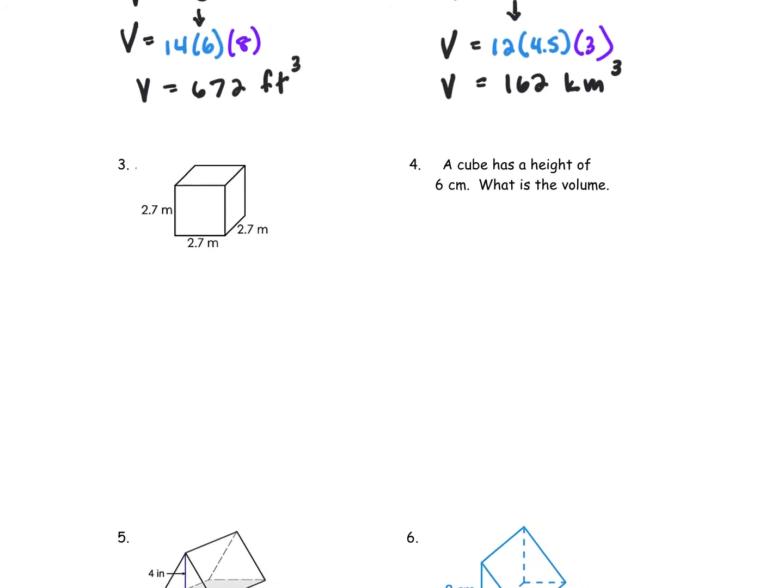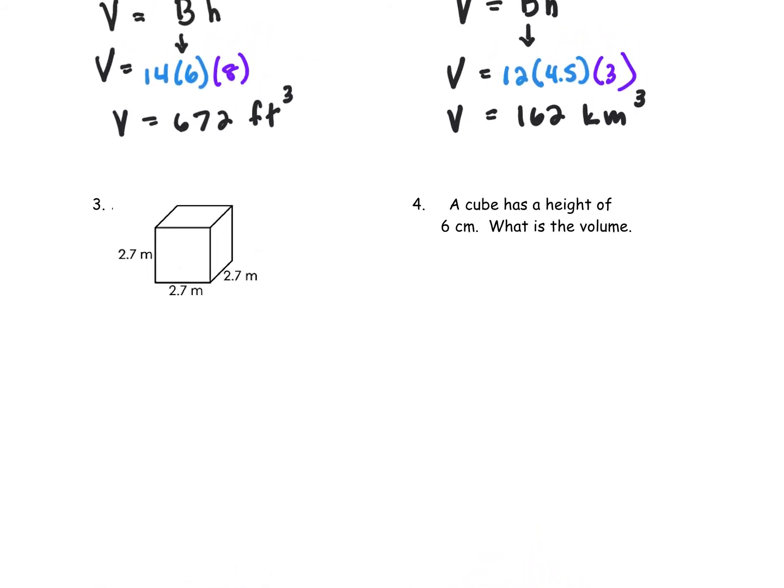Speaking of a cube, the next prism we're talking about is a cube, meaning all of the sides are the same length. And this again has a specific formula for a cube. You may have seen it before. It's side times side times side, or side to the third power.